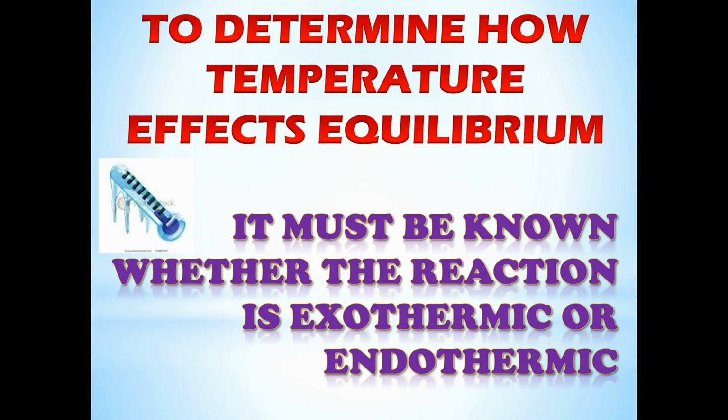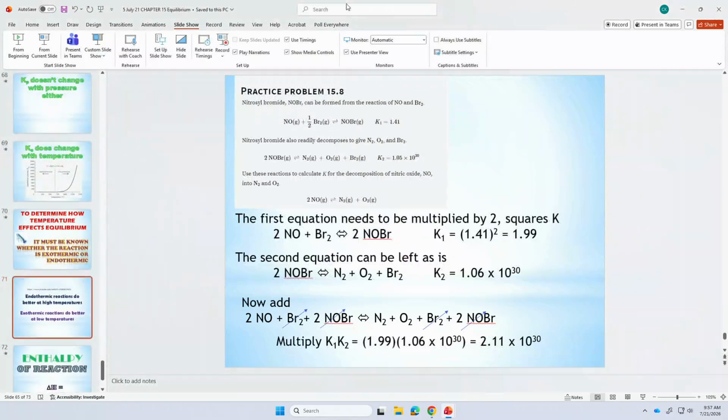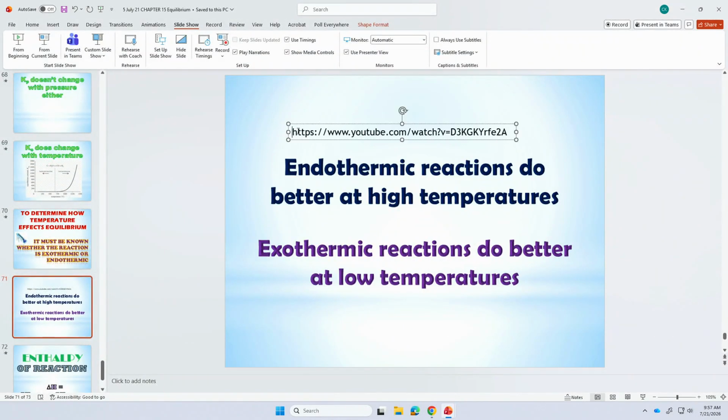To determine whether my equilibrium improves, whether I get more products or fewer products, depends on whether the reaction is exothermic or endothermic. So, I couldn't find one for exothermic, but I found this for endothermic reactions.